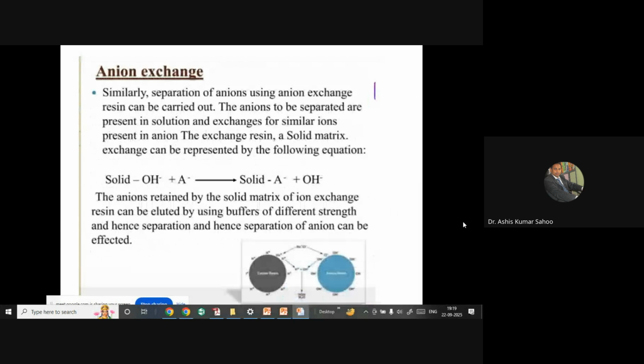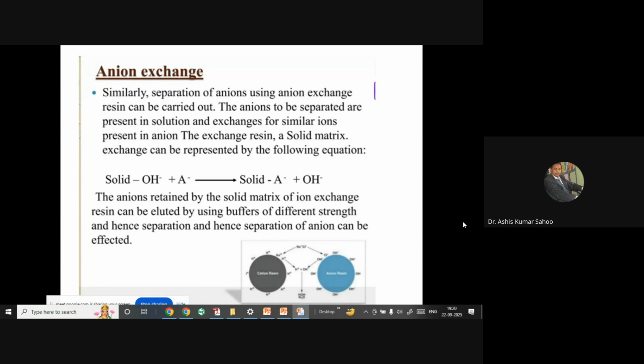Anion exchange: separation of anions using anion exchange resin can be carried out. Anions to be separated are present in the solution and exchange for similar ions present in the resin. The exchange resin, a solid matrix, can be represented as solid A minus solid cation.